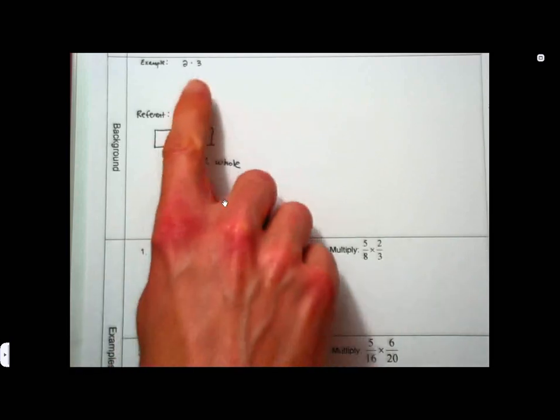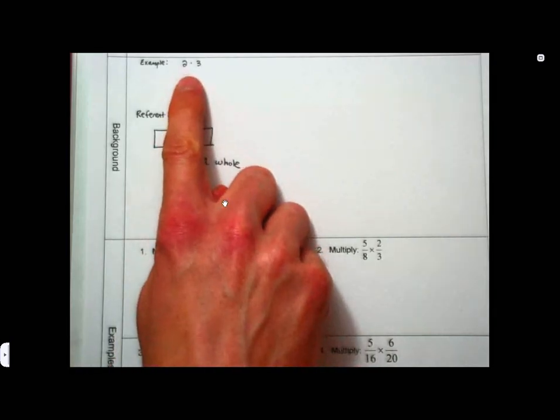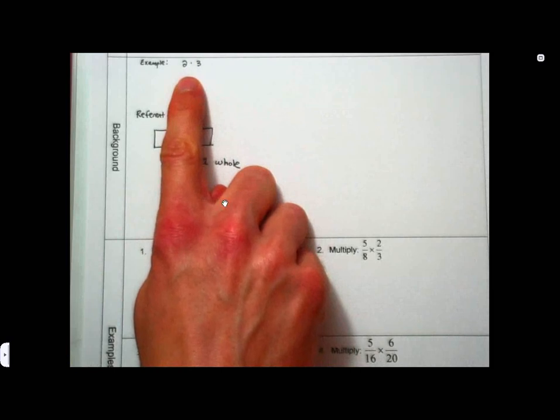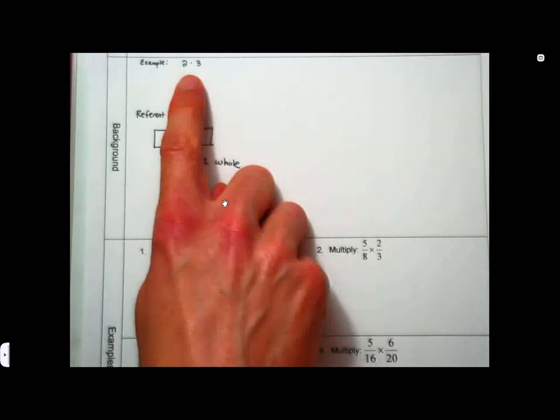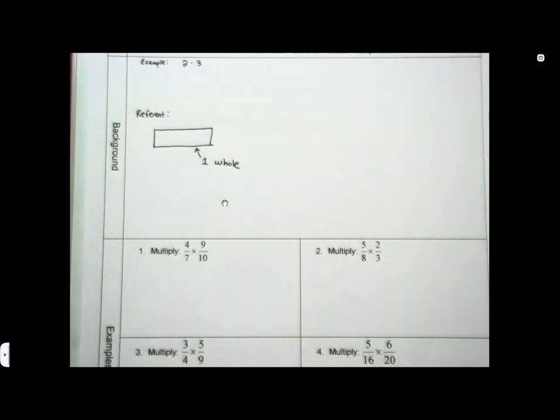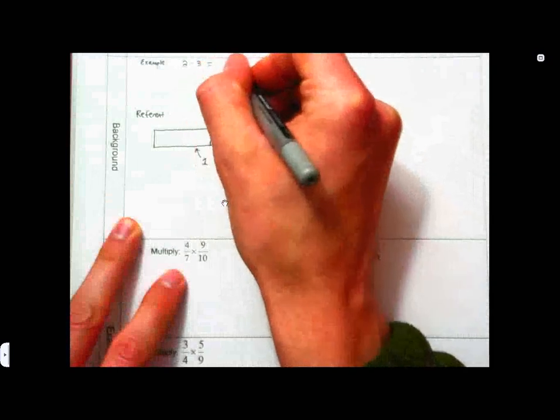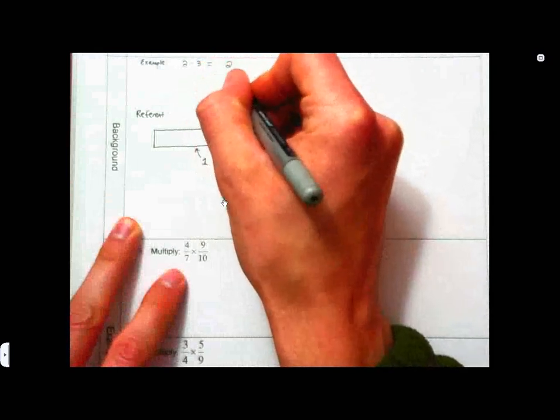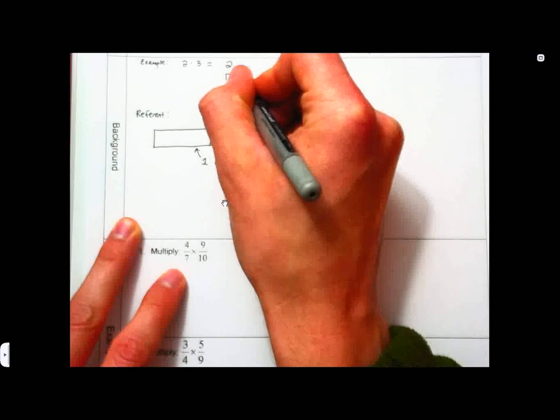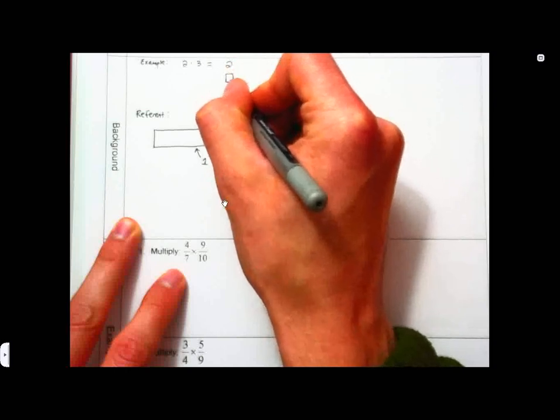So the example that I have is 2 times 3. And if you think about how the process of multiplication works, if I were to represent 2 times 3, what that would mean is I would start with two objects. So let's say that those two objects are two squares.